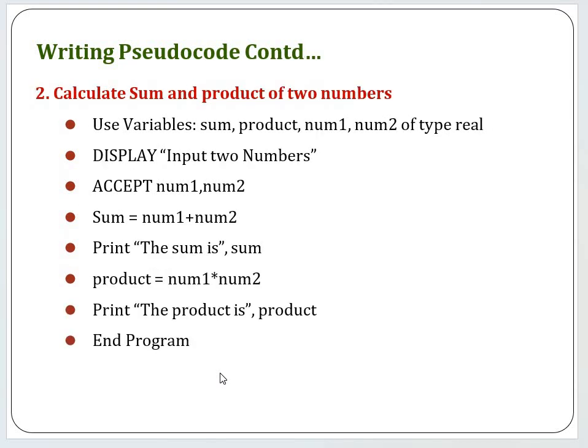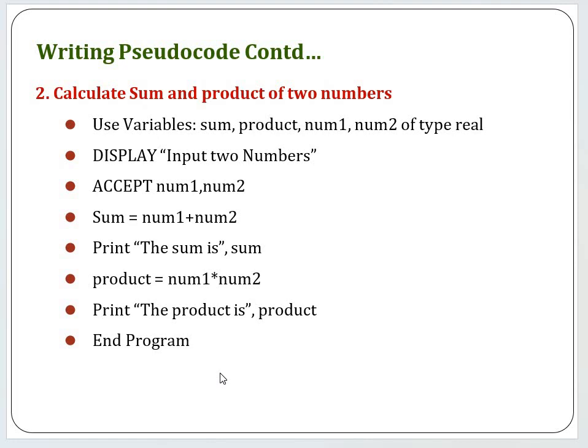Then the second problem is you have to calculate the sum and product of two numbers. Again you will be having variable declaration: sum, product, num1, num2 to store the results. Here you are having four real type variables. Second, this output displays a message asking the user to input two numbers, and then the accept statement reads two values from the user and stores them in num1 and num2.